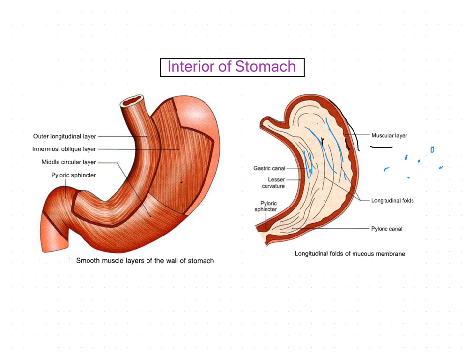The part of the lumen of the stomach that lies along the lesser curvature and has longitudinal rugae is called the gastric canal or magenstrasse. This canal allows the rapid passage of swallowed liquids along the lesser curvature.